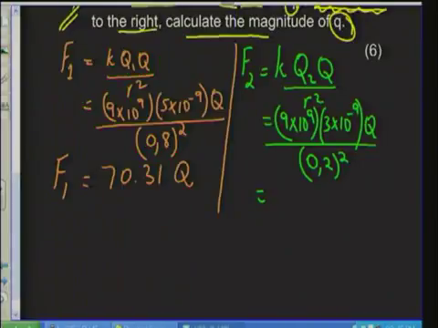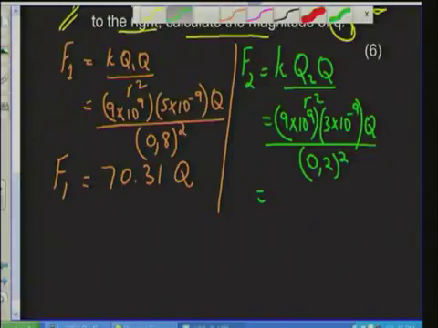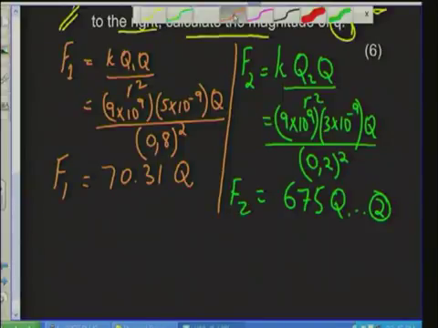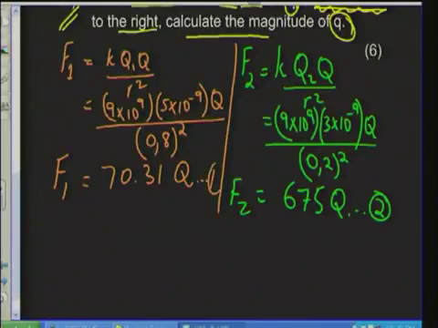So that is 675 Q. Now, this is your equation 2, and this is F2. This one is your equation 1, and this is F1.